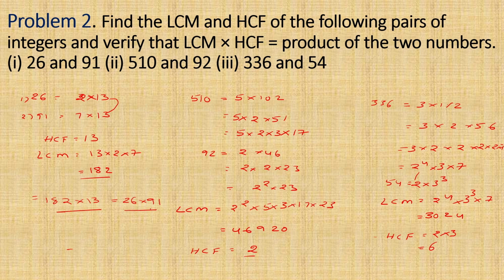Okay, you can check it. Here you will get for both 2366. Here also HCF into LCM means 46920 multiplied by 2 is equal to 510 into 92.